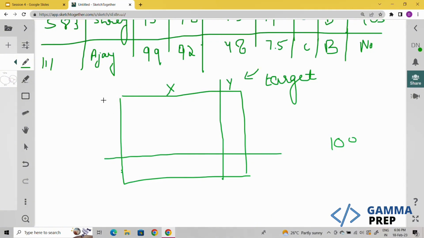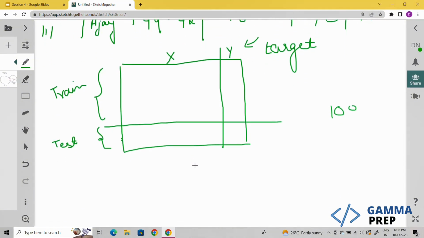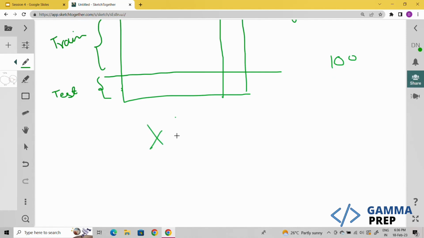We divide it into two parts, training data and testing data. So training data will be used to build the model, to train the model, and testing data will be used to evaluate the model. First of all, one more thing, when we have X and Y, that is we have a target which depends on the independent attributes, such type of data is called labeled data.